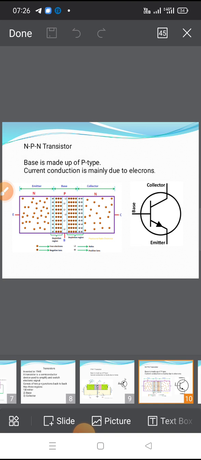Due to the forward bias, the majority charge carriers in the emitter are repelled towards the base. The electron-hole recombination is very small in the base region. Since the base is lightly doped, most of the electrons cross into the collector region.